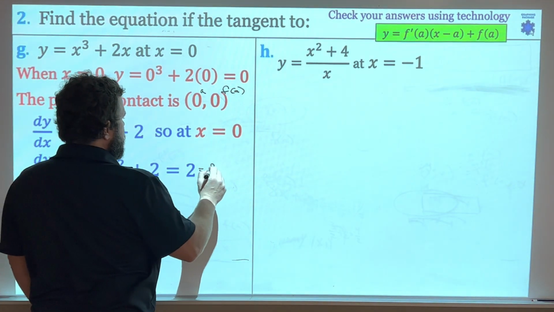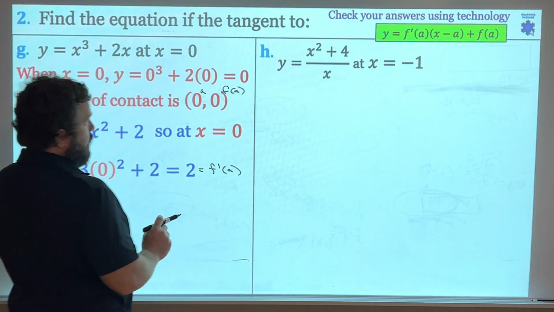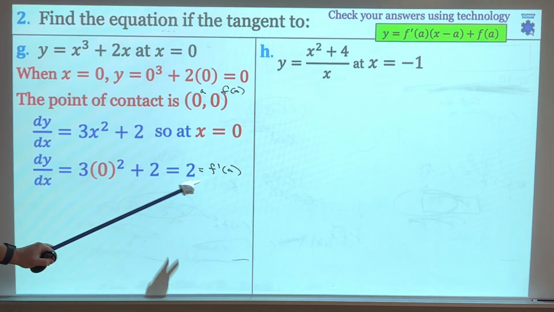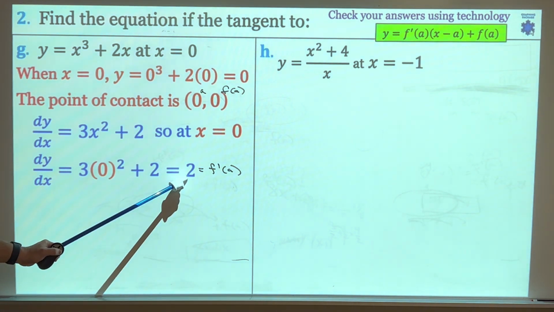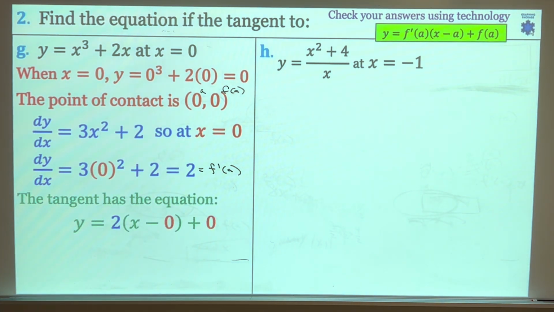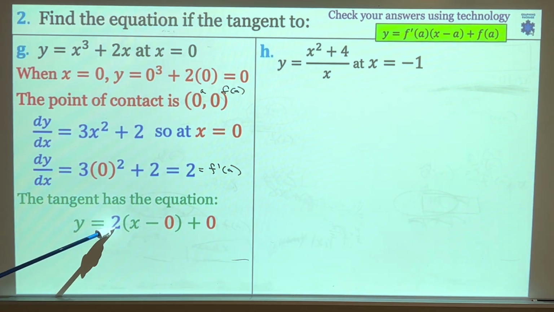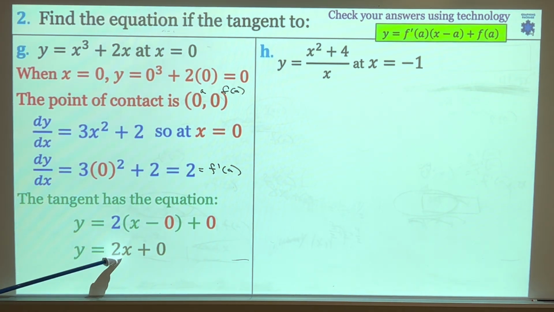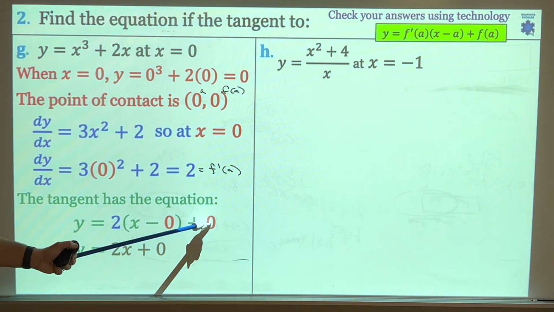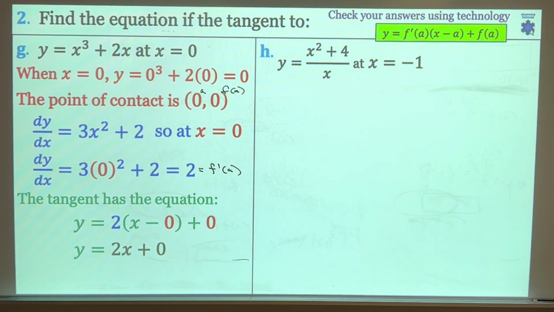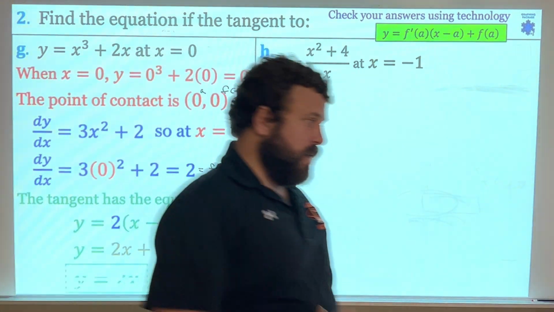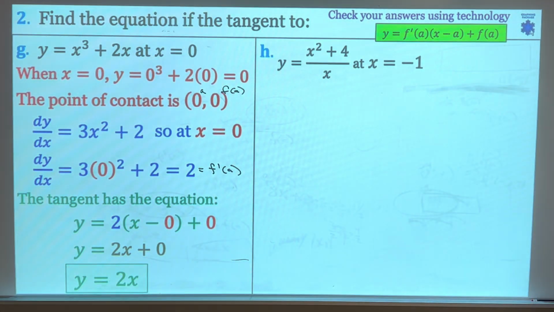So 2 is my f prime a. All right? So, tangent equation, 2 times x minus 0 plus 0. X minus 0 is just x, so this is just 2 times x plus 0. 2x plus 0 is 2x. Yes, that was a quick, easy one.